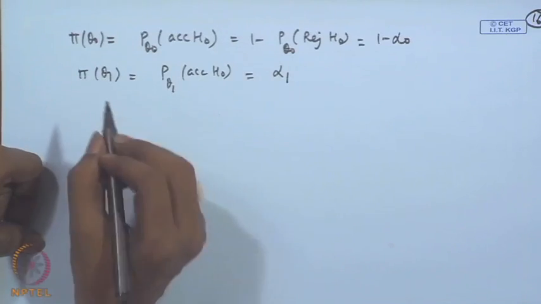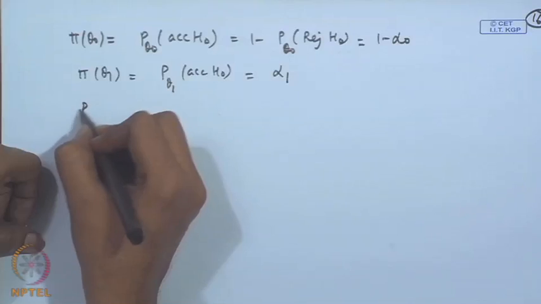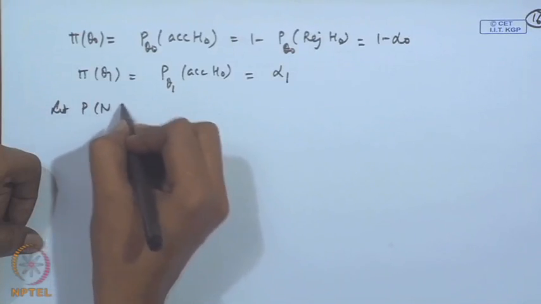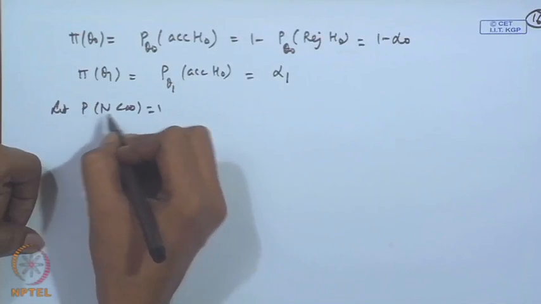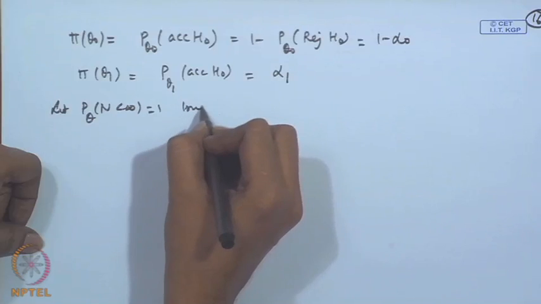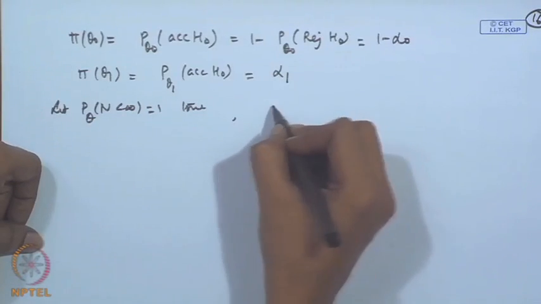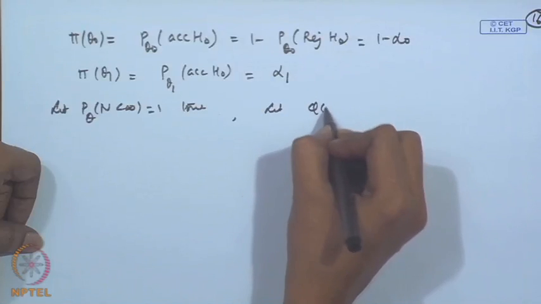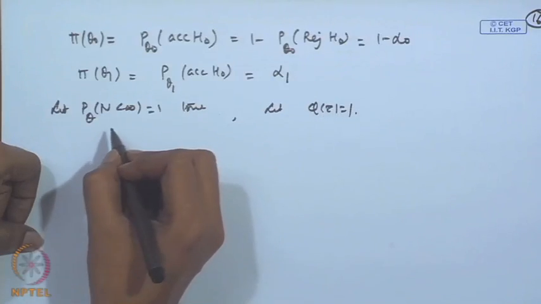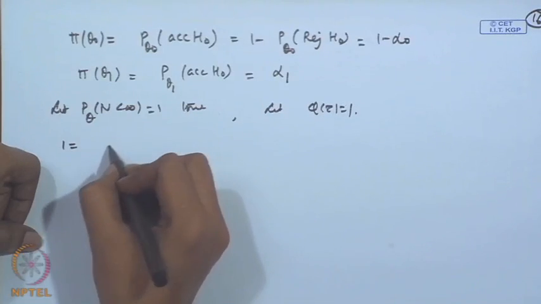So, suppose we have that probability of n finite is 1, this is true, okay, and let phi of tau be 1, then you apply this fundamental identity here.